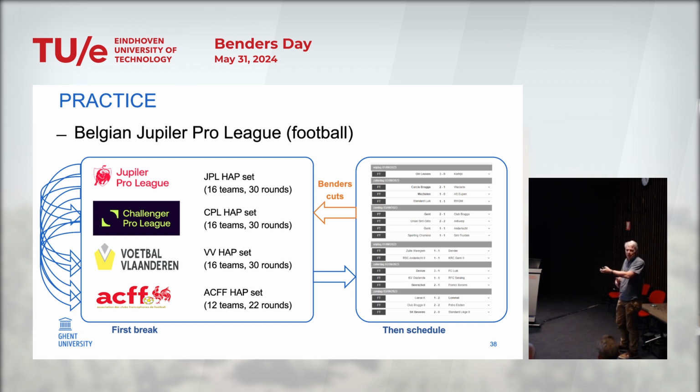That's where the TV cares about. That's where the police has to work. And that's less the case in the amateur leagues, as you can imagine. But still, there is a feasibility issue here. It has no sense that you come up with a great schedule for the first division if one of the lower leagues would have something infeasible, right? They also need a schedule.